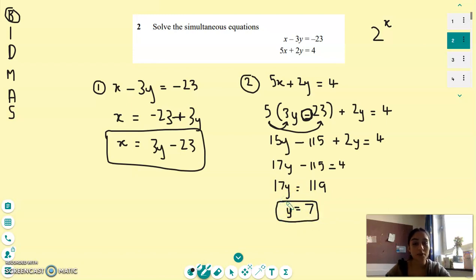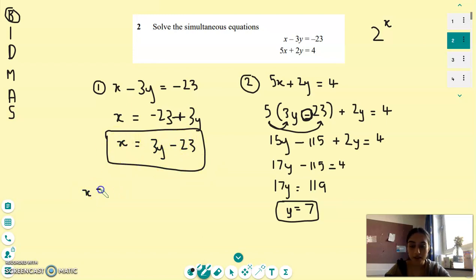Now, a common mistake which people often make is that they will forget to work out the other unknown. So although we've worked out y, we haven't worked out x. Now this is really simple. All we have to do is substitute the value of y into this expression, solve that, and you should be able to get x.